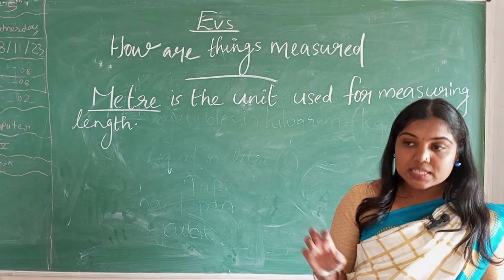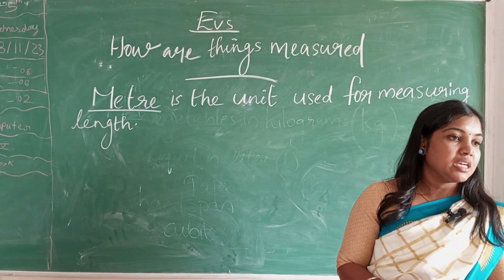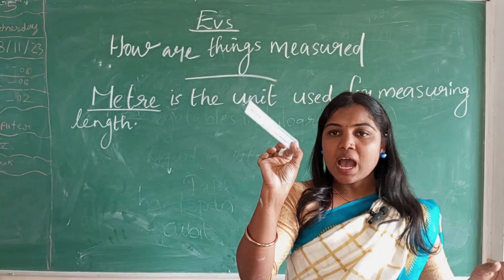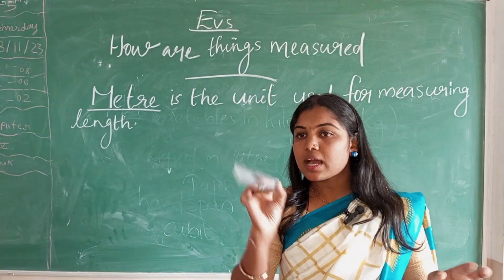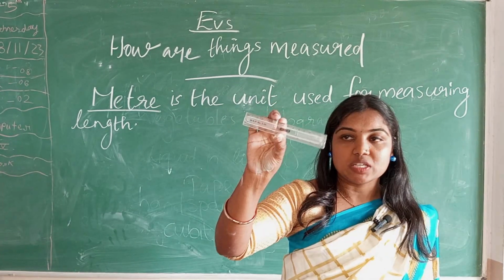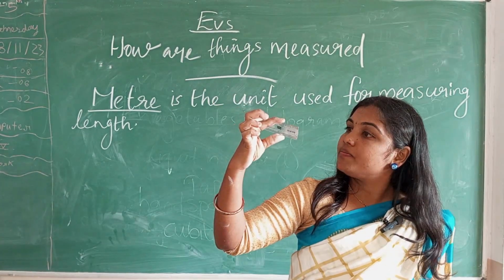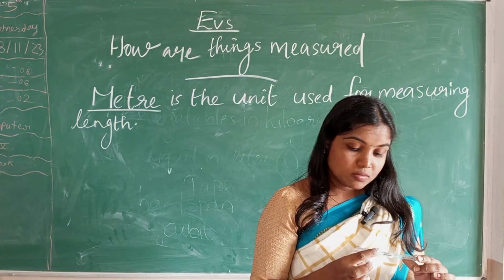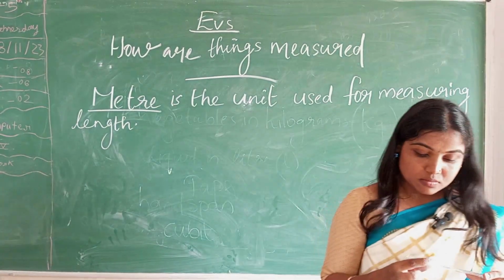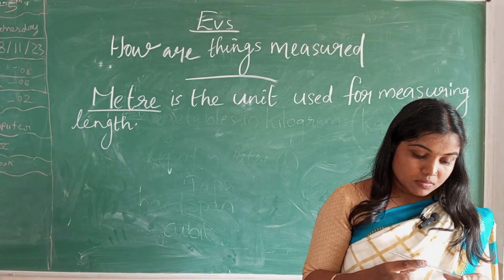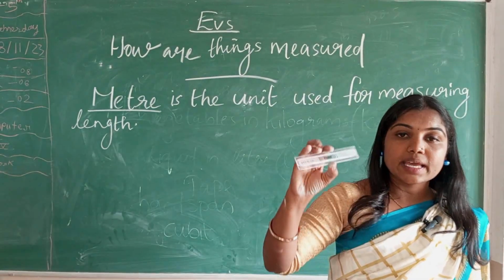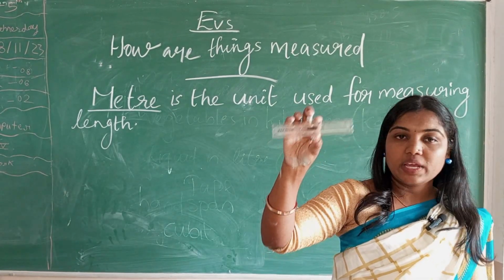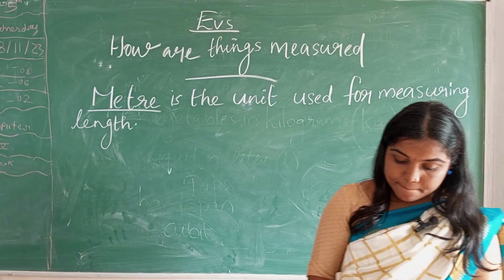Centimeter, cm, centimeter and millimeter. And this scale, millimeter or centimeter? We can measure this by the centimeter. What is the centimeter on a small scale? 1 centimeter to 15 centimeter.